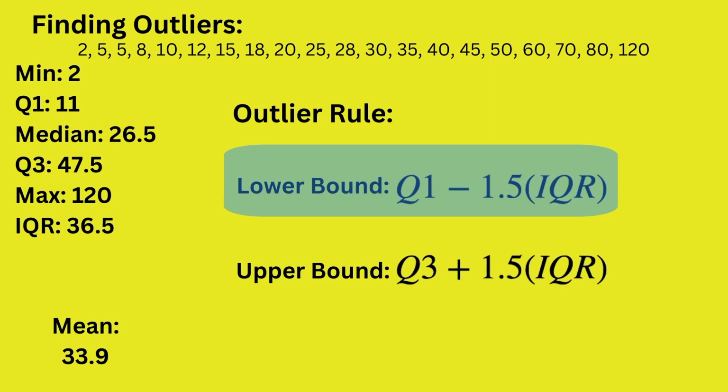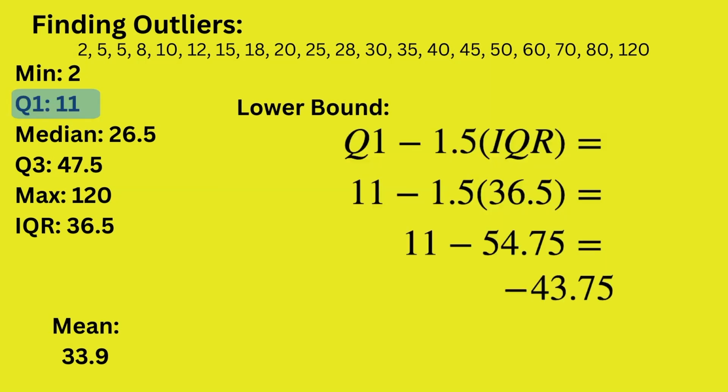In this particular case, we have a Q1 of 11. We multiply 1.5 times 36.5, our IQR value, and we get 11 minus 54.75, or negative 43.75, as our lower bound.